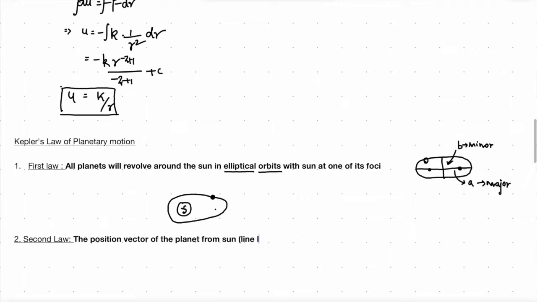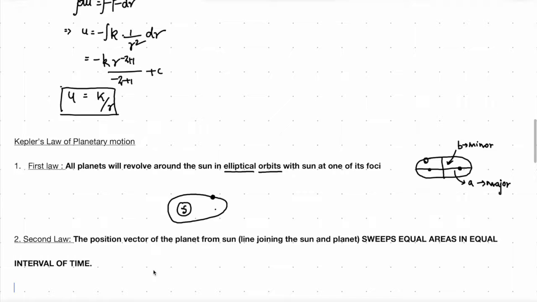The line joining the sun and planet will sweep equal areas in equal intervals of time. That's the idea behind the second law.